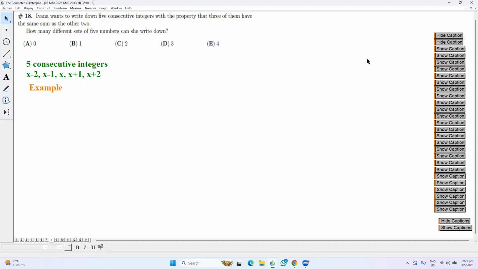So we take one example to understand the question better. 3 of them, so the first 3, x minus 1, x minus 2. The last 2, x plus 1, x plus 2. Simplify, 3x minus 3 equals 2x plus 3, x equals 6. So the center number is 6. So we get 4, 5, 6, 7, 8, consecutive.